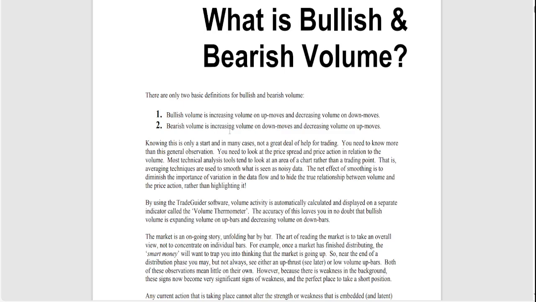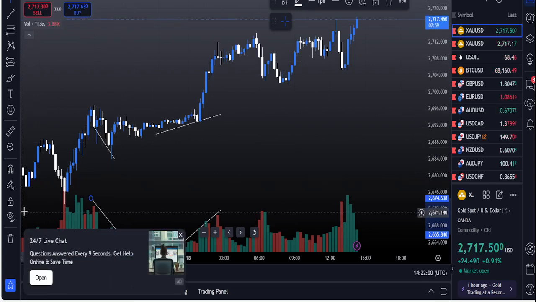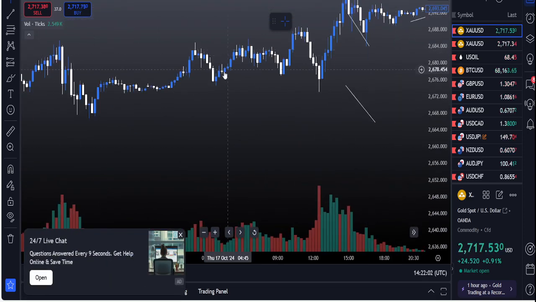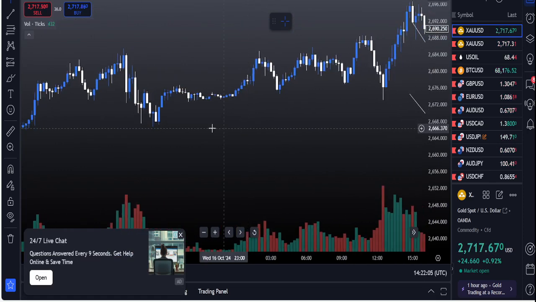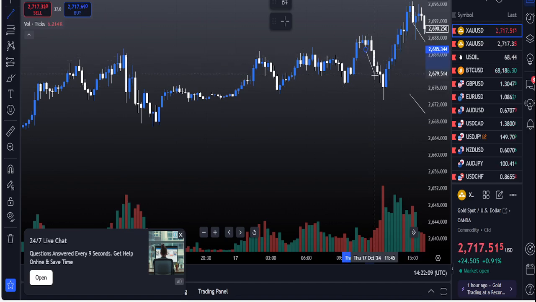Bearish volume is increasing volume on down moves and decreasing volume on up moves. Now let me tell you about bearish. Look, the market is going down and volume is increasing.